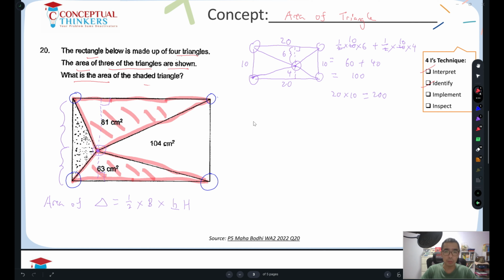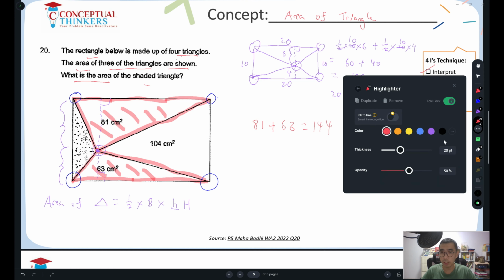Since we know that 81 plus 63 will give me half of the rectangle, right? If you do a calculation to add them up, now this question you cannot use a calculator, so you have to do your calculation. So I'm going to get 144. So that will give me the area of half of the rectangle. Now this means that the other side here, let me just use another color to highlight.